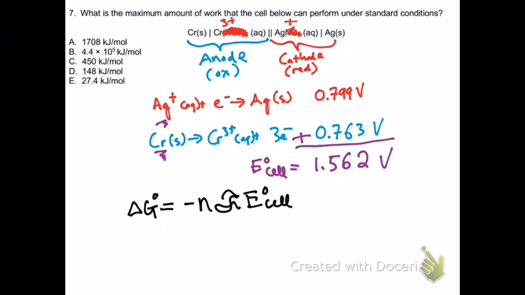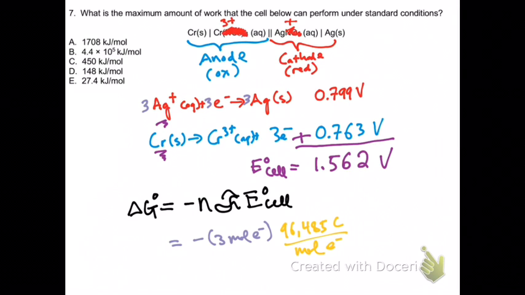And if we look at the reaction up here, we have 3 electrons in the oxidation, which means we would need to have 3 electrons in the reduction. So we'll multiply all these by 3, which means N is going to be equal to 3. F, Faraday's constant, well, that's a constant. That is equal to 96,485 coulombs per mole of electrons.